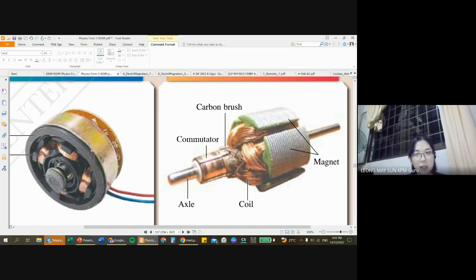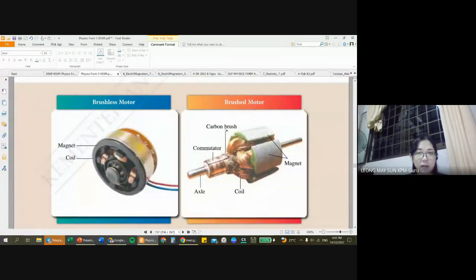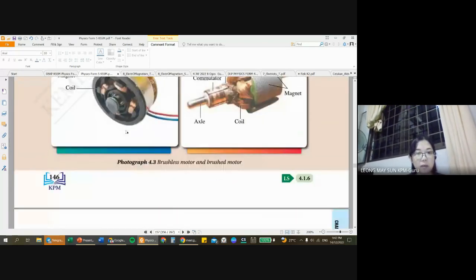The one inside is still the coil, but the magnet is outside, and you have a commutator here. There's a carbon brush located at this part, but there's no carbon brush for the brushless motor, hence the word brushless.